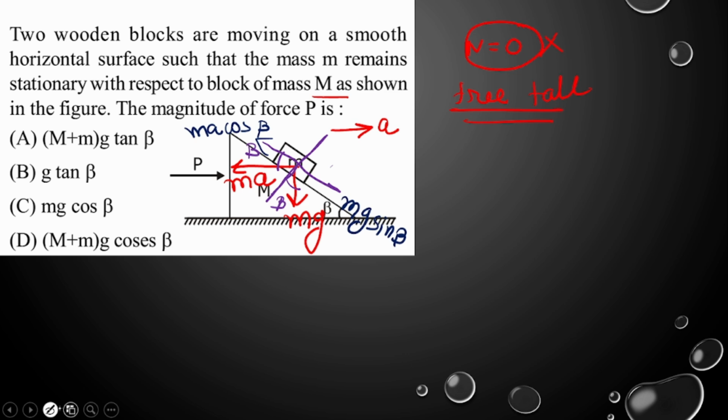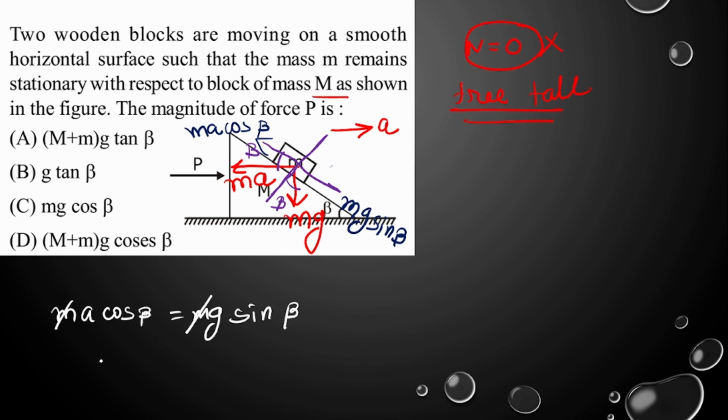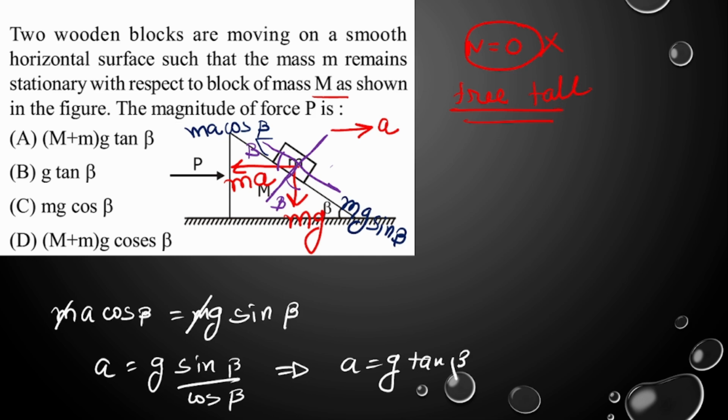So ma cos beta equals mg sin beta. If this condition is satisfied, then only the block will remain stationary. So a equals g sin beta upon cos beta, which means a is g tan beta. This is our answer.